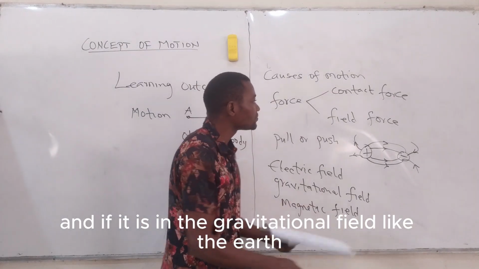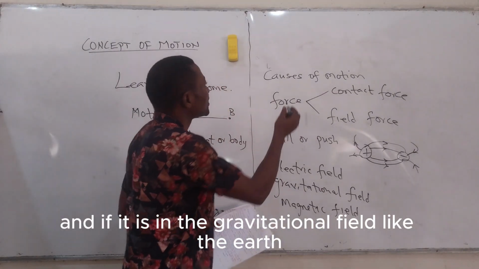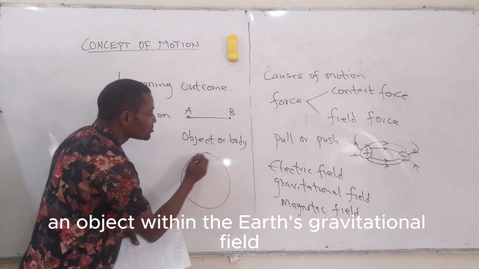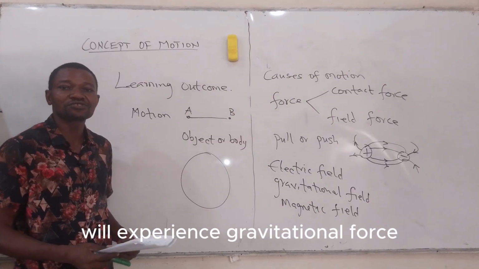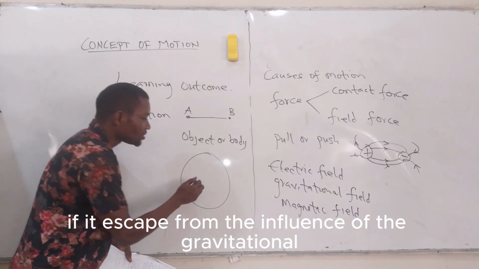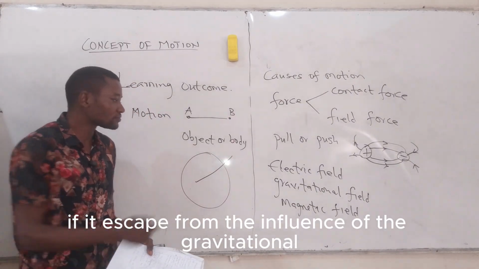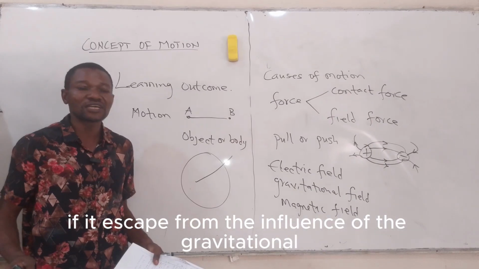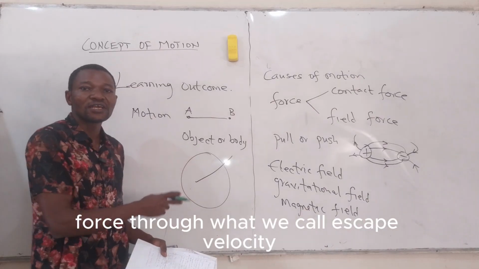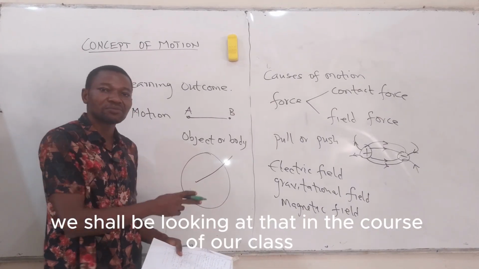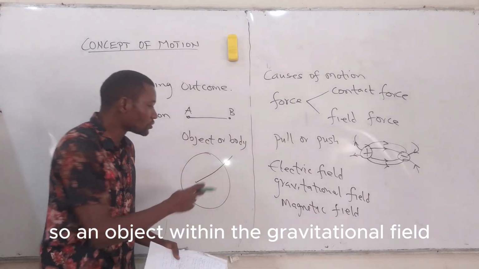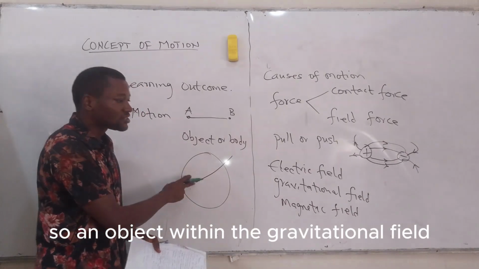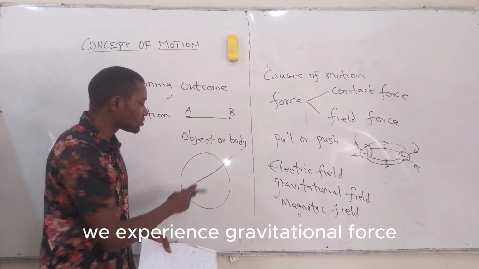And if it is in the gravitational field, like the Earth, an object within the Earth's gravitational field will experience gravitational force, except if it escapes from the influence of the gravitational force through what we call escape velocity. We shall be looking at that in the course of our class. So an object within the gravitational field will experience gravitational force.